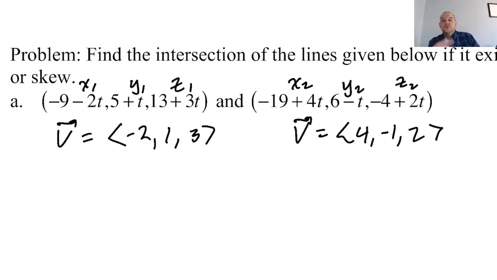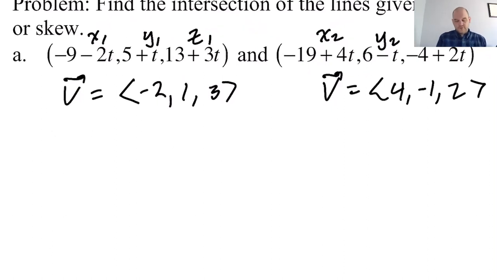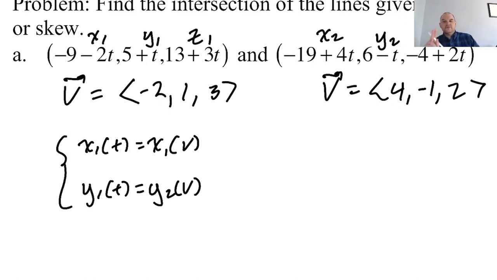I'm going to ignore the z's, cover them up, and do that two-dimensional problem. Ideally, we're going to solve x1 of t equals x2 of v, and y1 of t equals y2 of v. We'll solve that for t and for v.